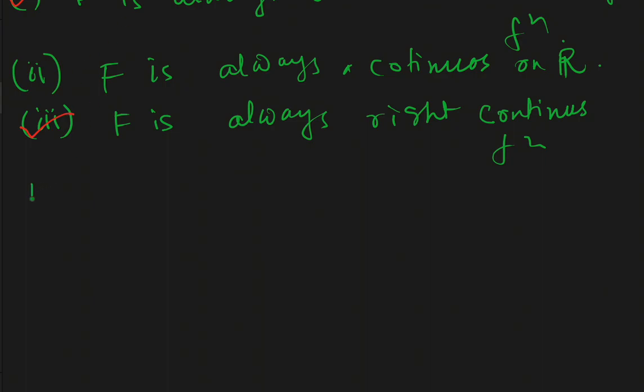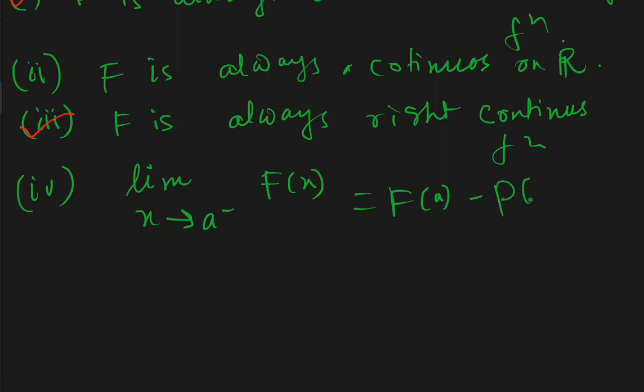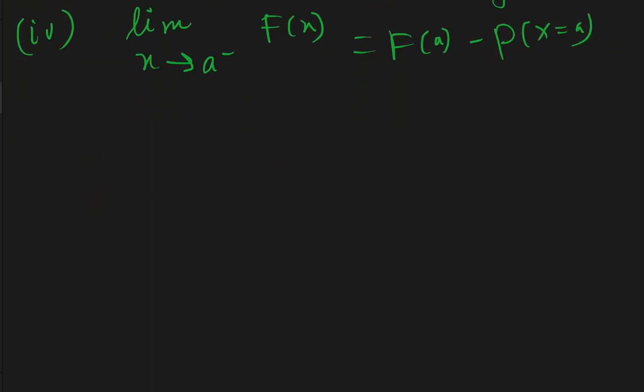And the fourth is: the limit as x tends to a from the left of F(x) equals F(a) minus the probability of X equal to a. So let's check the fourth condition. Schematically we can see that this is actually true.